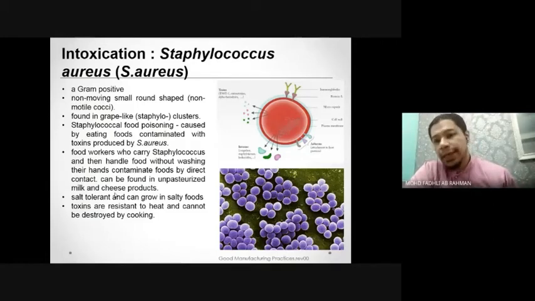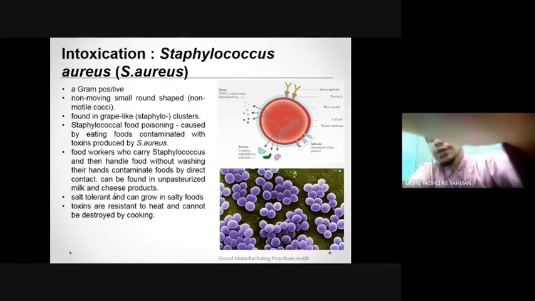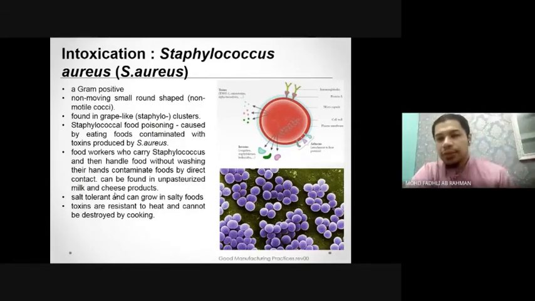It is non-motile compared to Bacillus cereus, compared to Listeria, compared to Salmonella. So this type of bacteria is non-motile. Okay, non-motile. It is like grape. Staphylo, okay, staphylo macam apa? Gugusan, gugus.